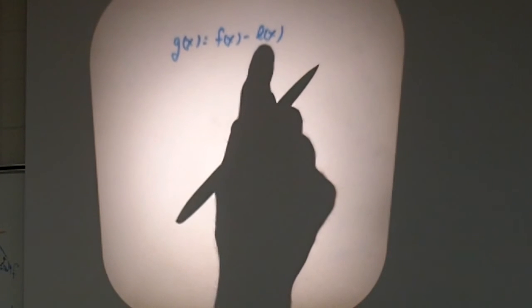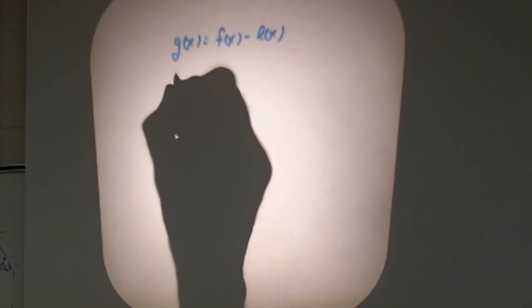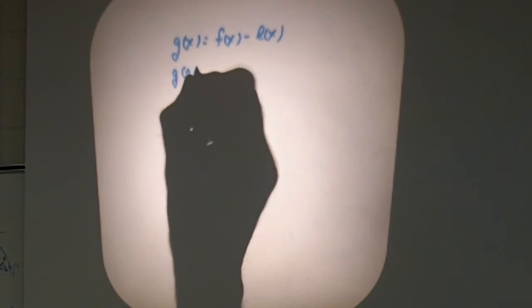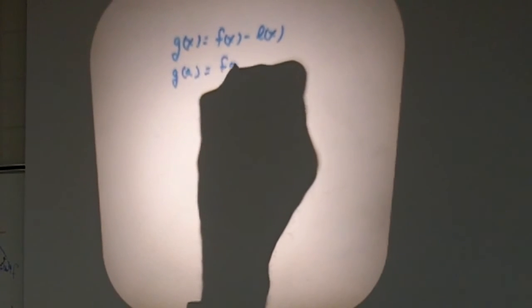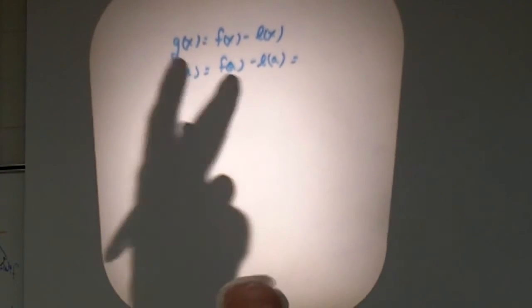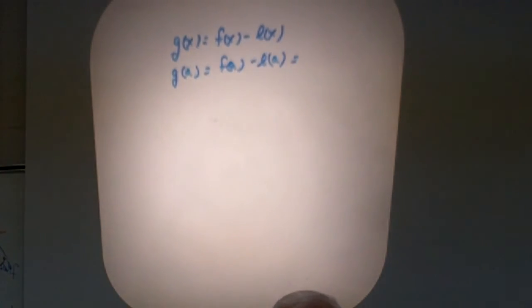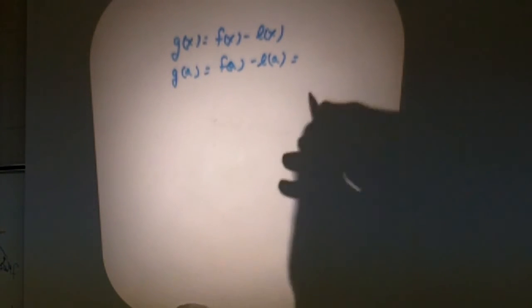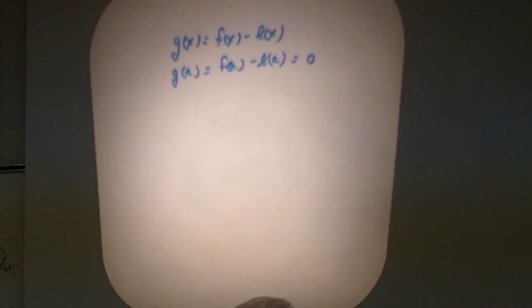And if you have that, you're going to find g of A equals f of A minus L of A. And what is this equal to? We got it right here. This is equal to 0. That's probably the hardest part of the whole business.